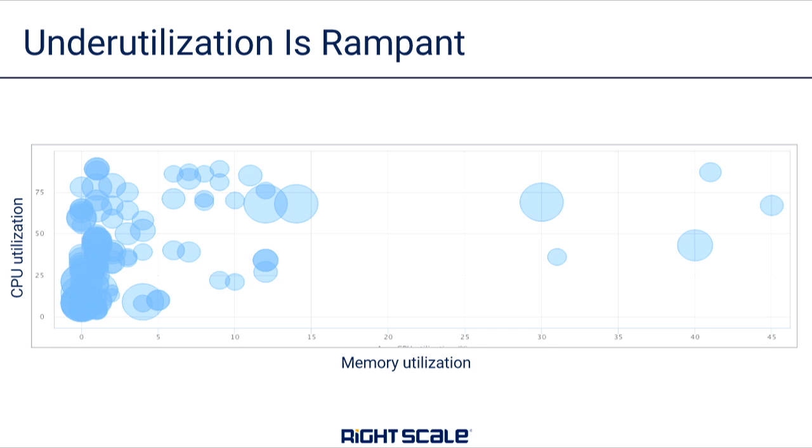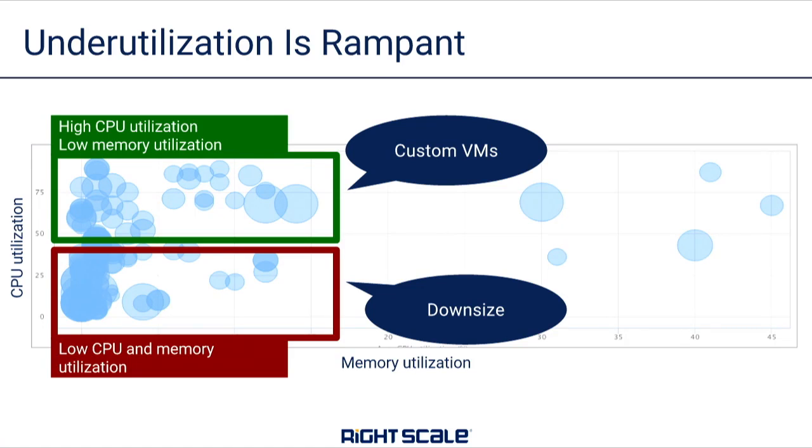Now, sometimes that's on purpose. For example, you might have a warm spare, hot spare sitting there for some sort of disaster recovery scenario. So it might be on purpose, but in many cases it's not. And when we work with customers, we say, in that very lower left, that's a candidate for downsizing a t-shirt size or two with the standard predefined VM types.